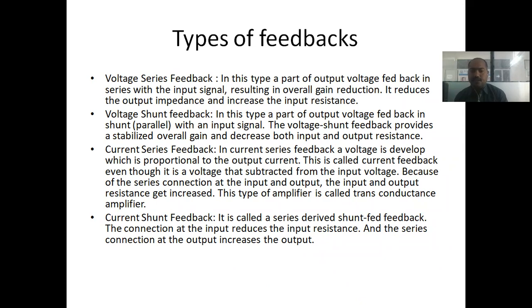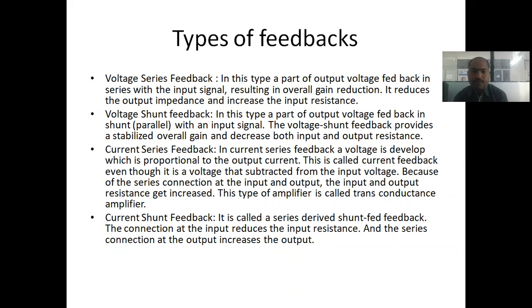A feedback amplifier means part of the output is applied again to the input. That is the basic thing. But voltage series means part of the output is applied to the input in series.